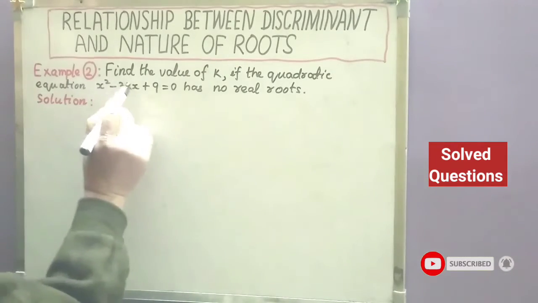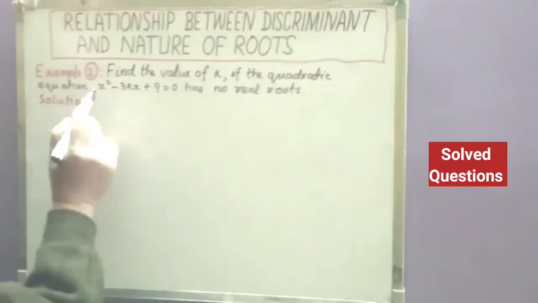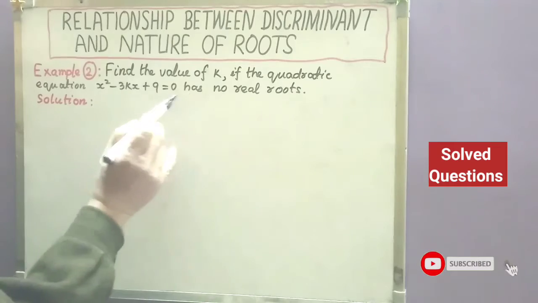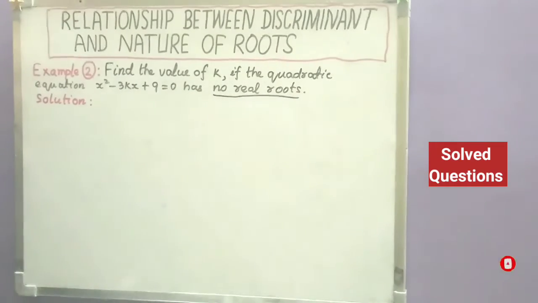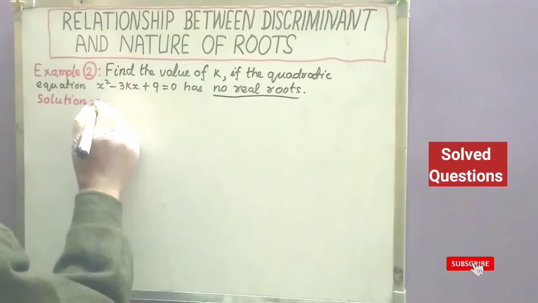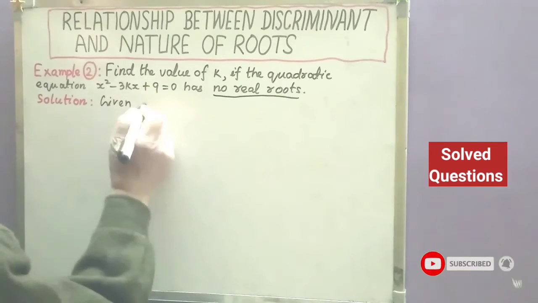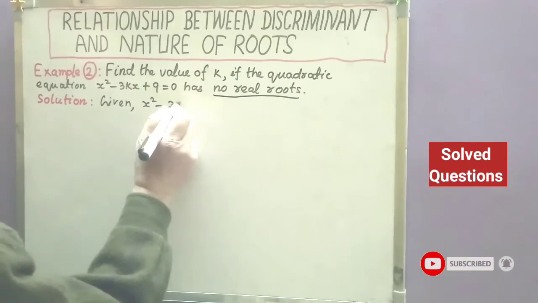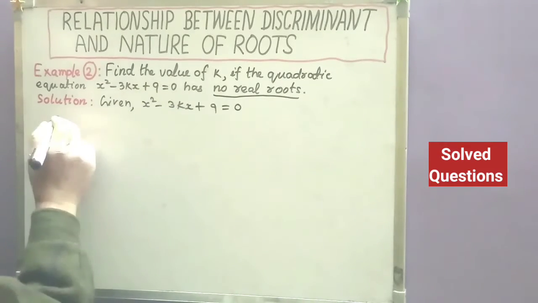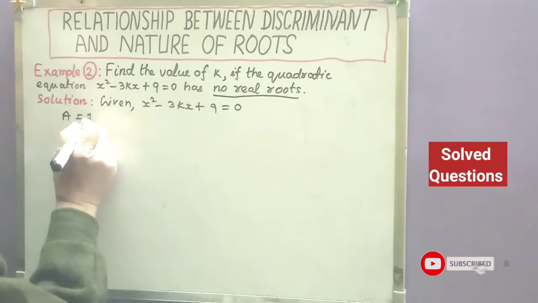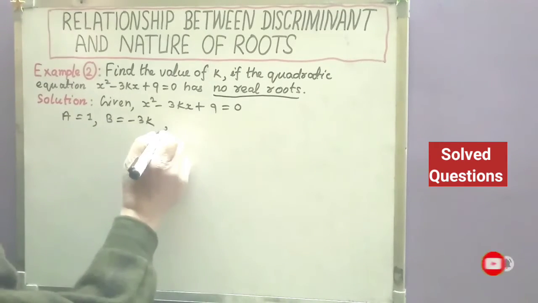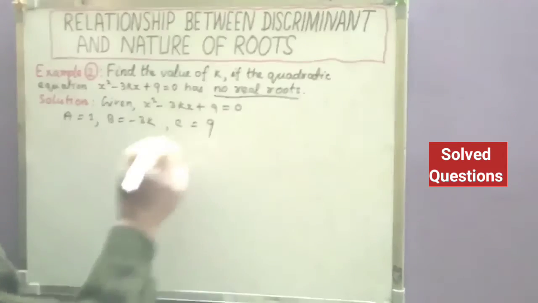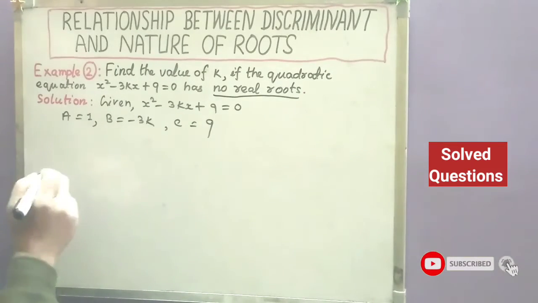Example 2. Find the value of k if the quadratic equation x² − 3kx + 9 = 0 has no real roots. Let's solve this question. Given x² − 3kx + 9 = 0. Comparing it with the standard equation, we get a = 1, b = −3k and c = 9.